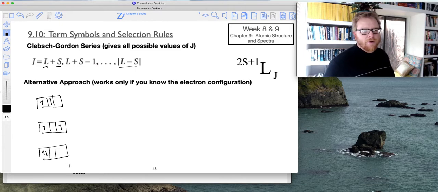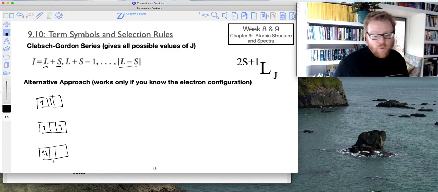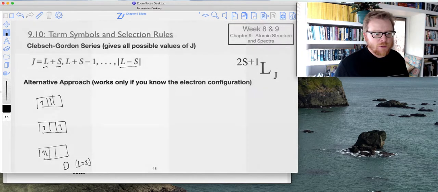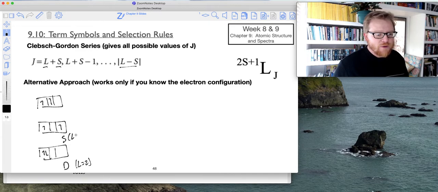So we remember now that when they're both paired up, D is the main term, which comes from an L equal to 2. When they were split all the way like that, oh wait, let me double check, apologies. Yes, so S, because it was -1 and +1, so that cancels. Okay, so this is the S term from L equal to 0, and this was our P term from L equal to 1, okay?